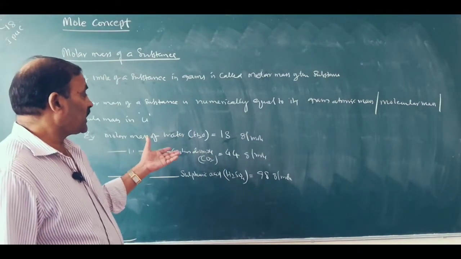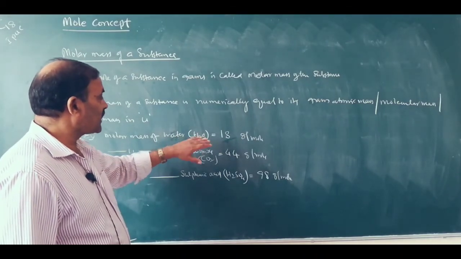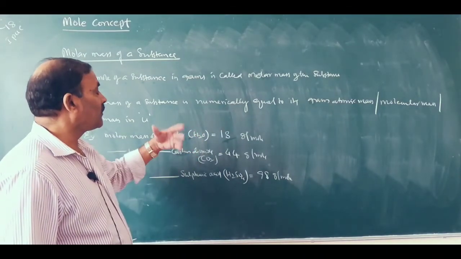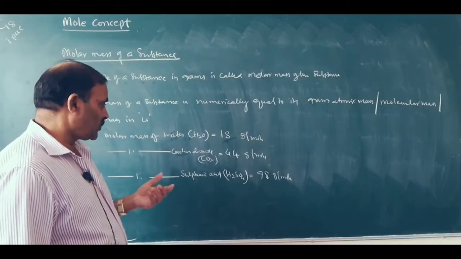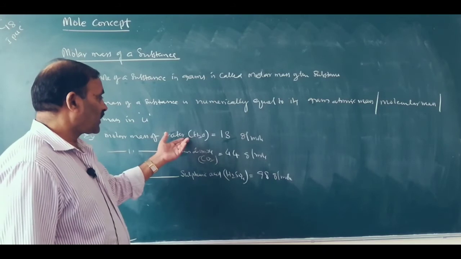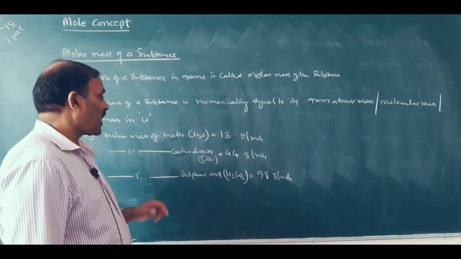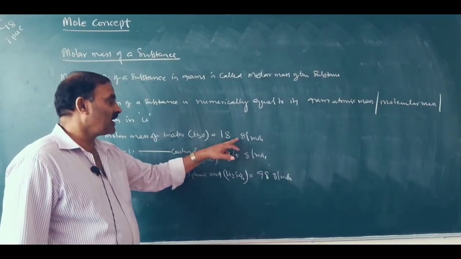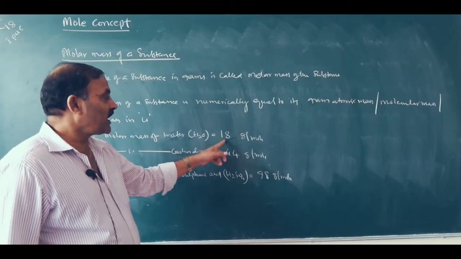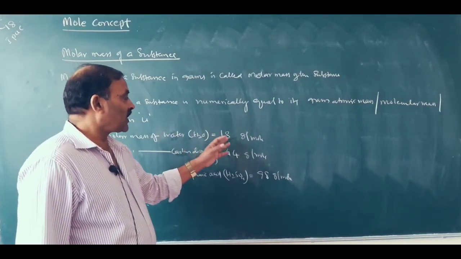So 18 gram of water is called 1 mole of water because it contains Avogadro number of molecules. Avogadro number of molecules of water weighs 18 grams. Therefore, 18 gram is the molar mass of water.